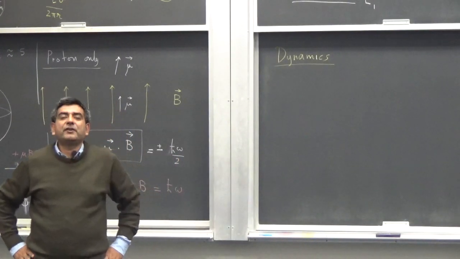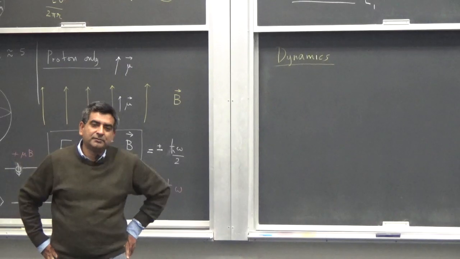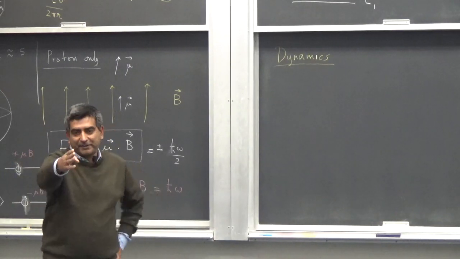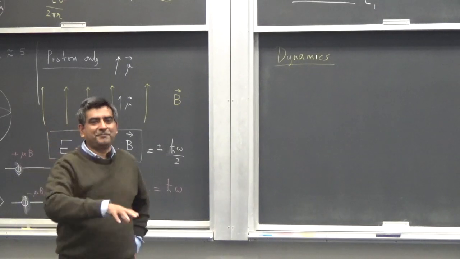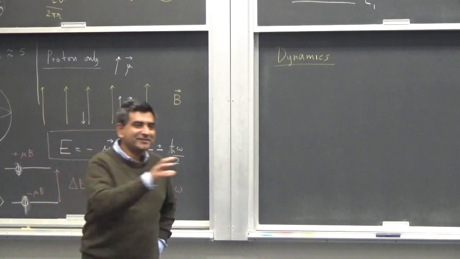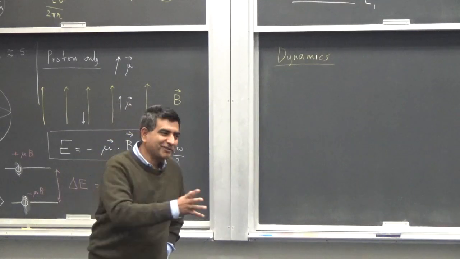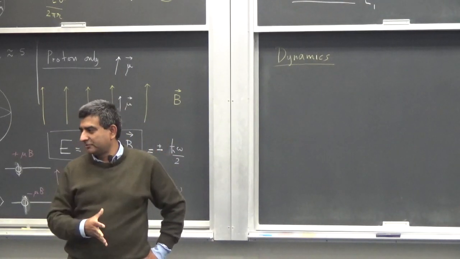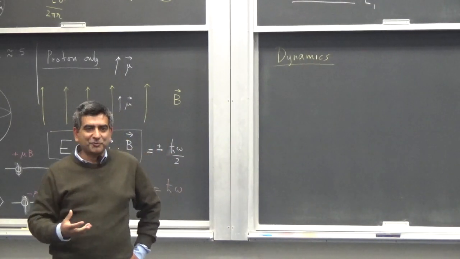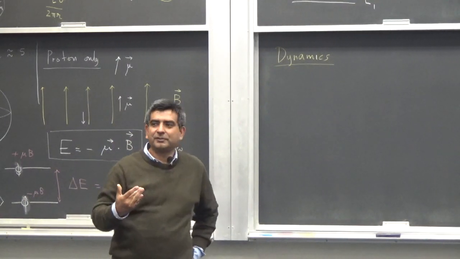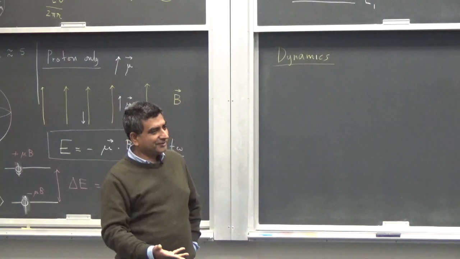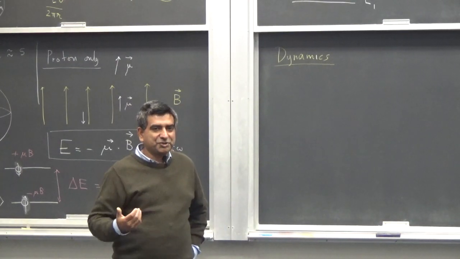So what is the meaning of dynamics? What does dynamics mean? Change in time. So when something changes in time, there's generally an equation that is called the equation of motion. Examples of equations of motion: Newton's second law is an equation of motion that tells us how the position changes with time.